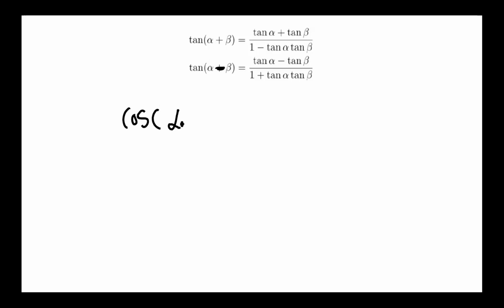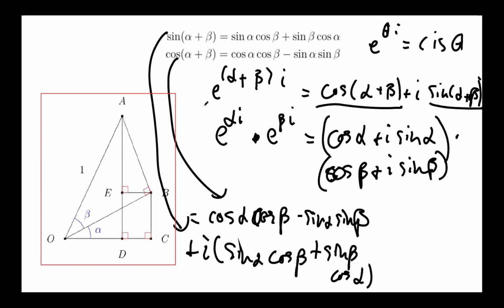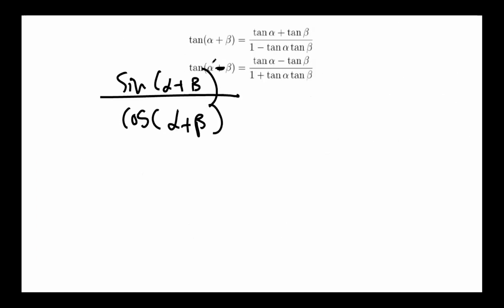If we take cosine of alpha plus beta and sine of alpha plus beta and plug them in here, we're going to end up with this expression. But since it's a lot of algebra, we'll skip over it in the presentation, and it will be in the handout if you want to check it out later.